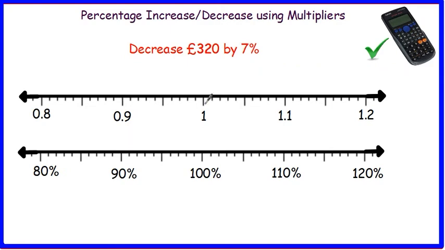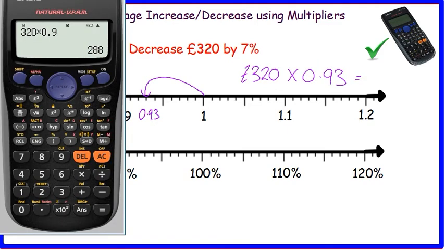Take away 7%. That is 0.93. So 320 multiplied by 0.93 comes up as £297.60.